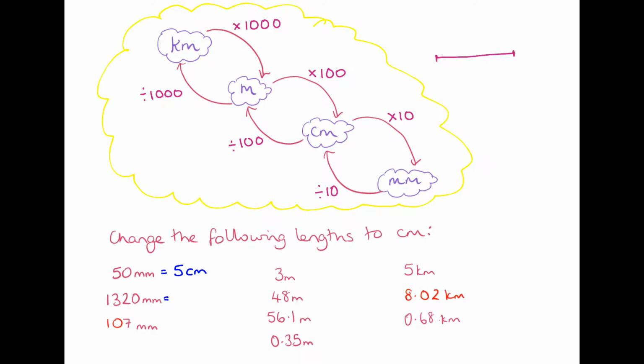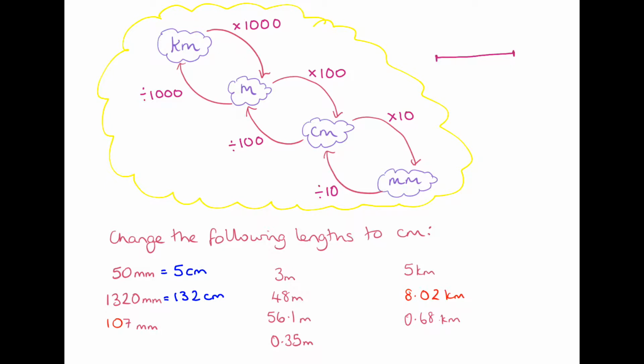Okay, next one. Again, we're changing millimetres to centimetres. So for all of these three, we're using this arrow. So we're dividing by 10. So 1,320 divided by 10. Remember, move all your digits one place to the right. That gives us 132 centimetres.